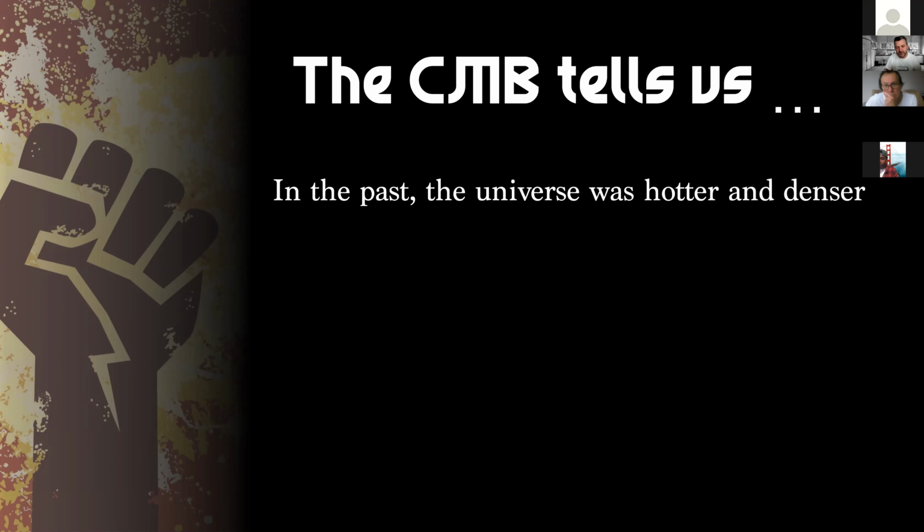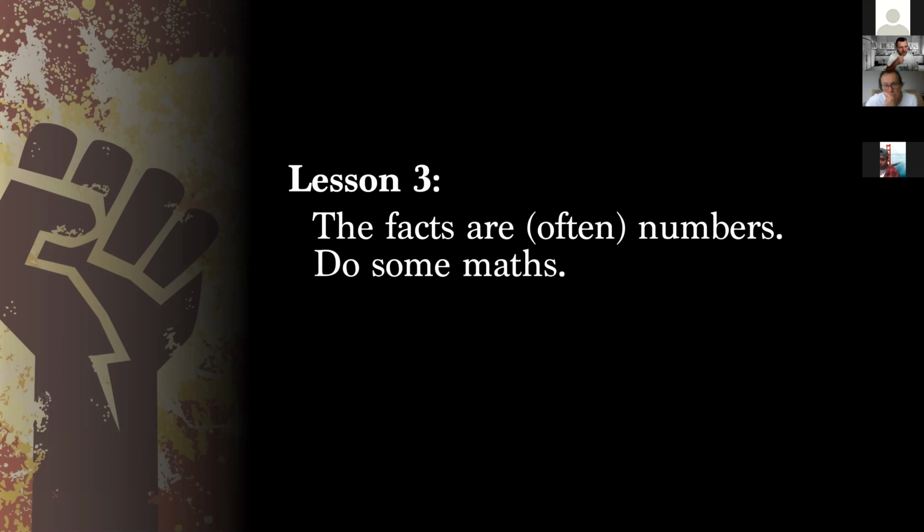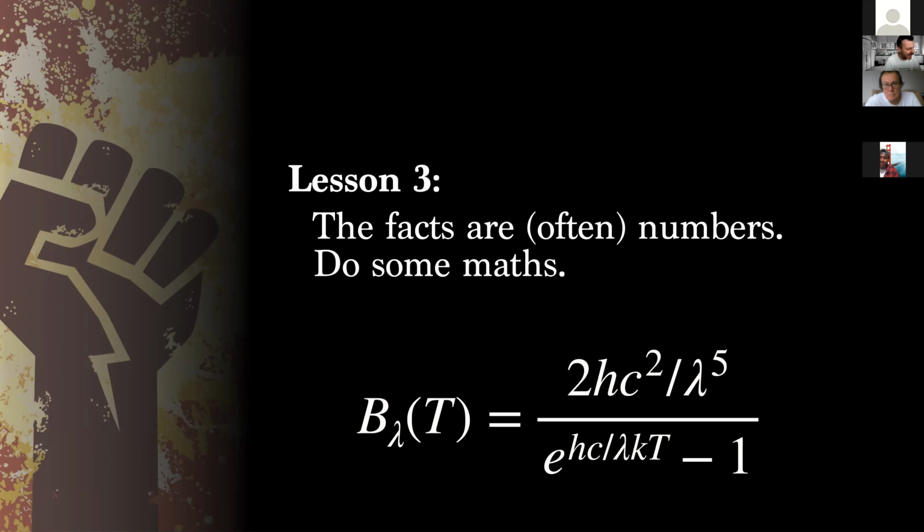And the message that we try and get across to our potential revolutionaries is that facts are often numbers, and you need mathematics to make predictions, right? So, I know this audience is going to be happy with an equation. Lots of general public aren't, but of course, this is the Planck blackbody spectrum.